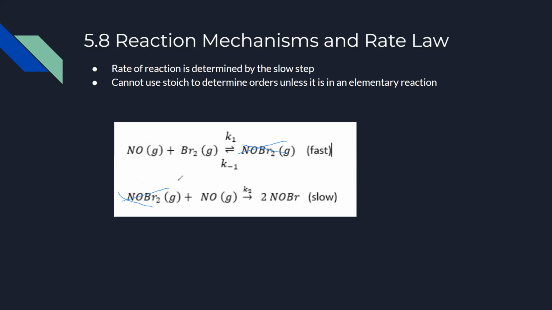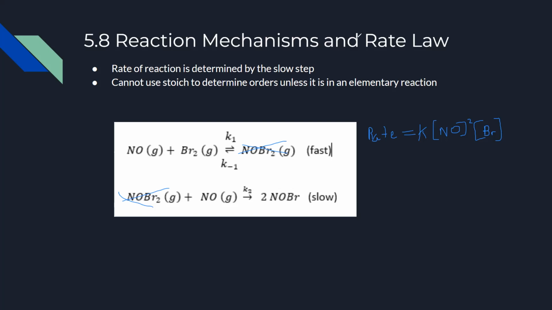And you just have NO plus Br2 plus NO makes 2 NOBr. So the rate law would be rate equals k[NO]^2[Br2]. So that's pretty much it.